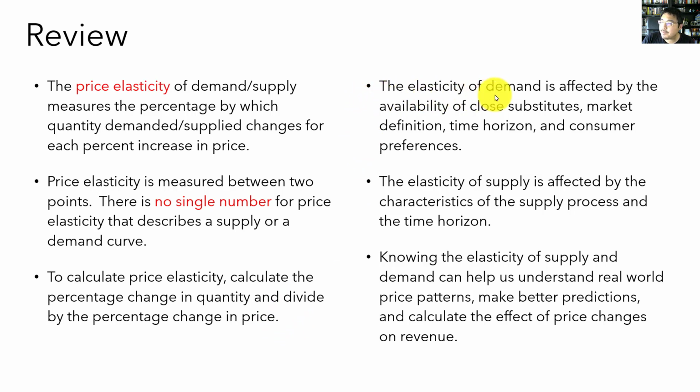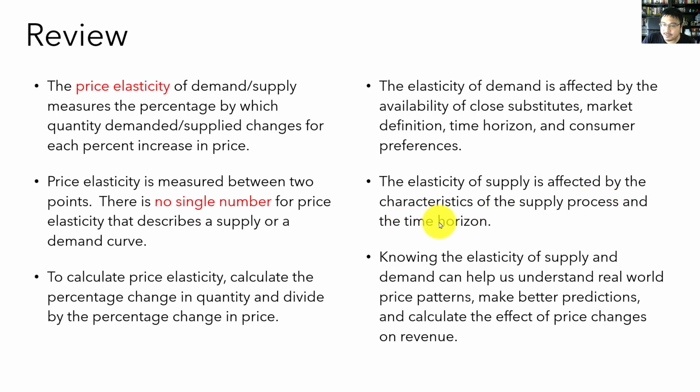The elasticity of demand is affected by a number of things, primarily the availability of close substitutes, which depends on market definition, the time horizon over which we're measuring the changes, and consumer preferences. The elasticity of the supply curve is affected by the characteristics of the supply process itself, in particular the ability for suppliers to flexibly adjust the quantity.